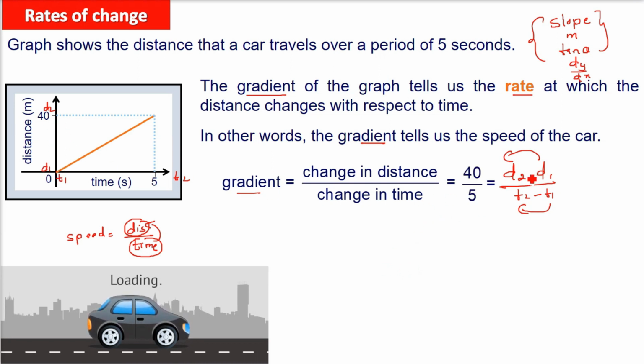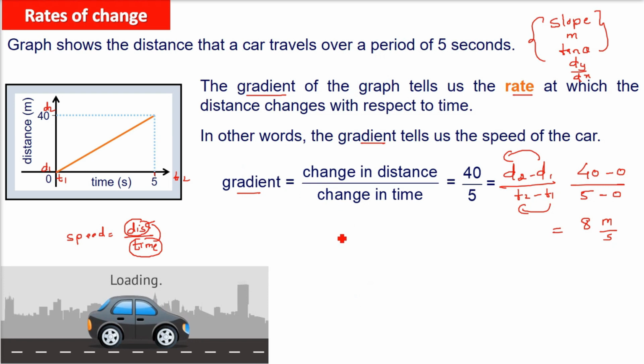But here it's 40 divided by 5, because here we have taken t1 and d1 as 0. The time is 0, the distance is 0. So 40 minus 0 and 5 minus 0. So you have a regular answer, a regular gradient, regular speed, that is 8. So in physics, just add units here, meter per second.